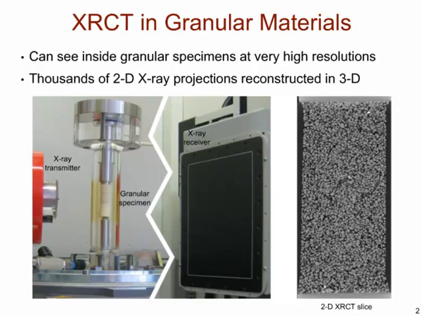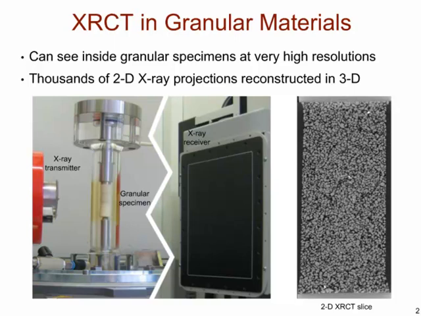You can see the membrane, and that sample is going to be compressed triaxially in the classic way that we shear soils. And in the back, there is an X-ray receiver that captures the X-rays that are being attenuated after they've impacted the specimen. And to the very far right, you see a typical two-dimensional slice in the specimen, but then they stitch together all of these slices and reconstruct a three-dimensional image of a sample.